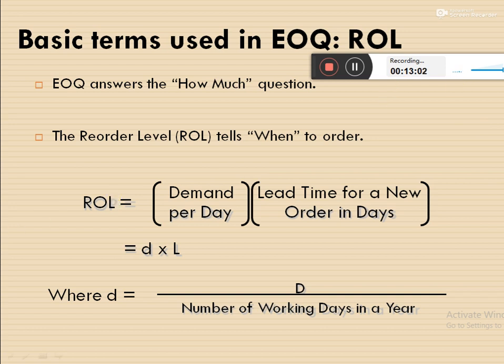The third basic term that is most commonly used in inventory management is ROL, or reorder level or reorder point. Basically economic order quantity tells us how much should be ordered in a particular order, and reorder level tells us the right time to place the order.